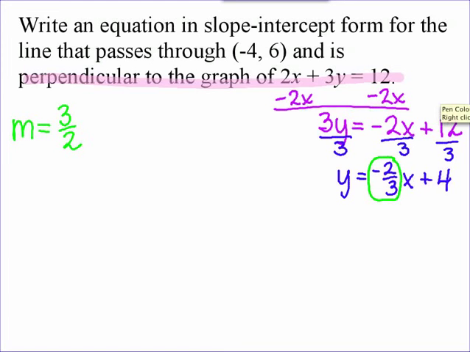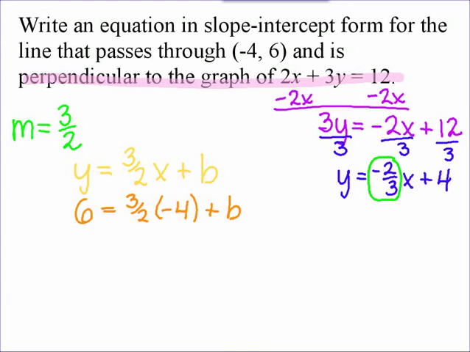Now I'm going to combine that with the point (-4, 6). Can somebody tell me how I'm going to start? y equals 3/2 x plus b. Good. Now what do I need to plug in? 6 for y and negative 4 for x. Some of you, when you did your homework, should have noticed that with these fractions, a lot of the times they'll end up canceling out.